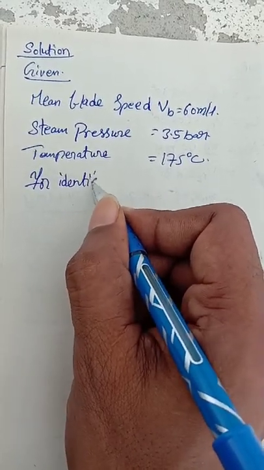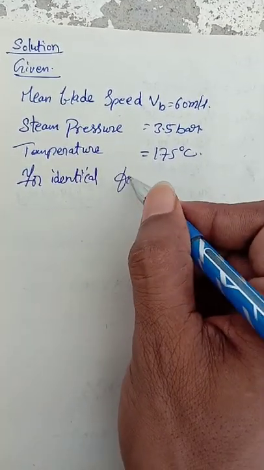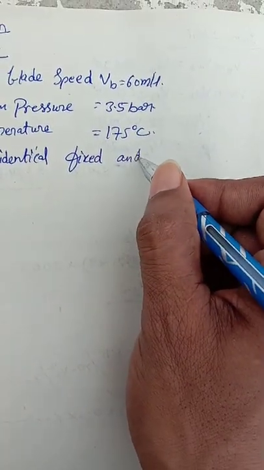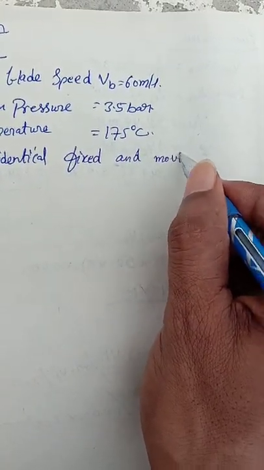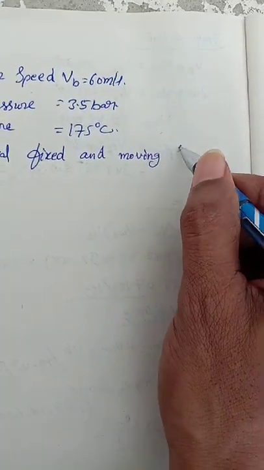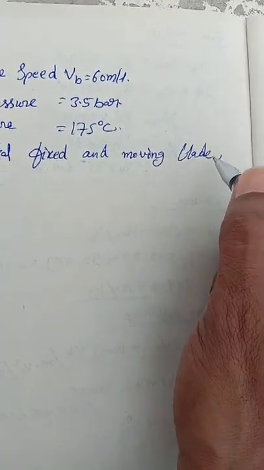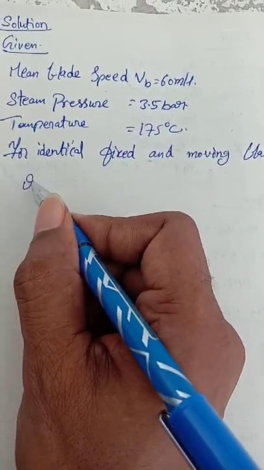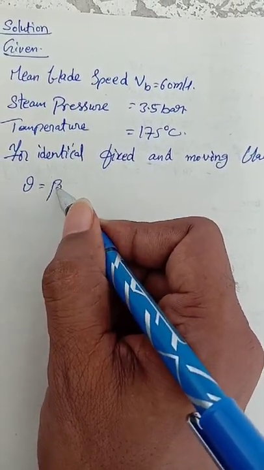For identical fixed and moving blade, that is coming from theta is equal to beta.